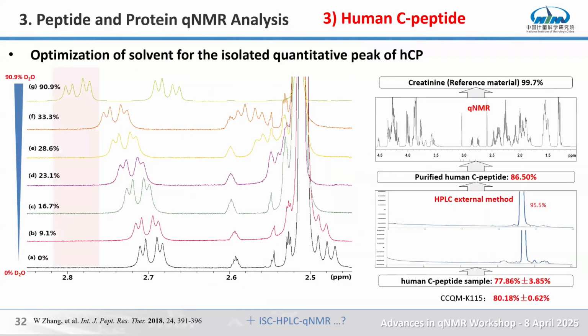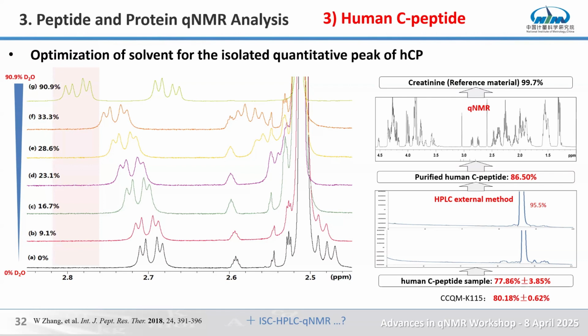In this case, 90% deuterium oxide was added to keep the resolution of the beta proton of the HCP aspartic acid residue.